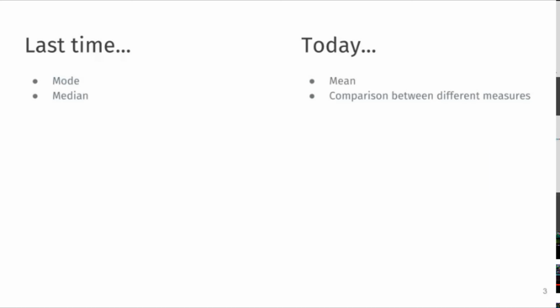Today we're going to devote a fair amount of time to discussing the mean, or the average, which is a term that probably everyone very closely associates with statistics, and so I thought it deserved a bit of special mention. And then at the end, once again, we'll get together and compare the mode, the median, and the mean as different measures of central tendency. What sorts of things do they tell you, and when are good situations to use each.